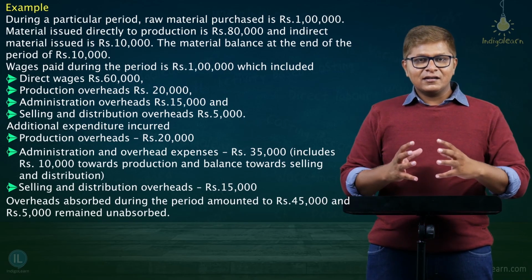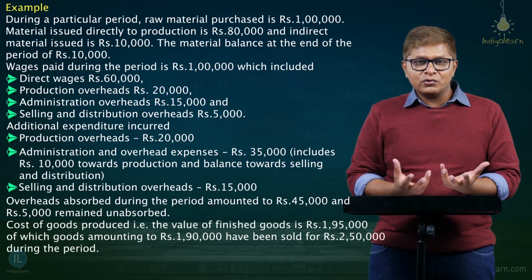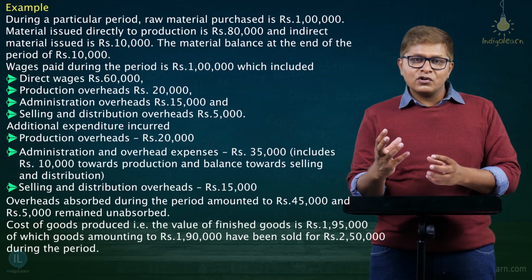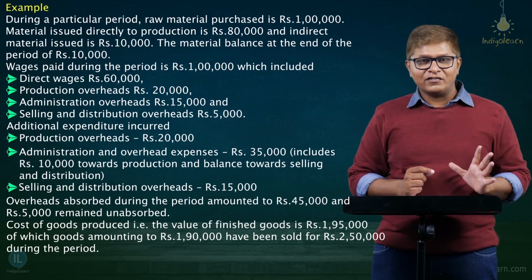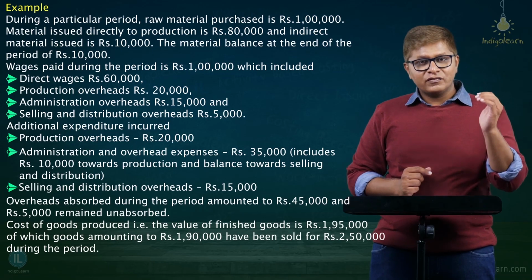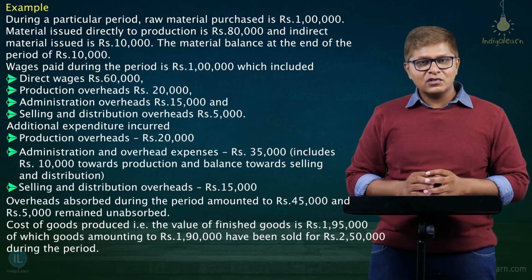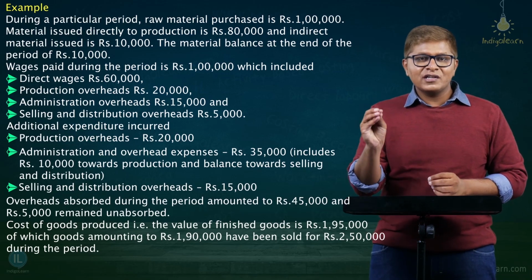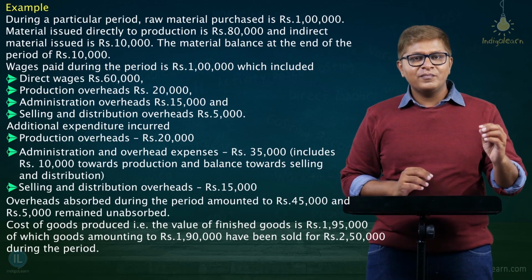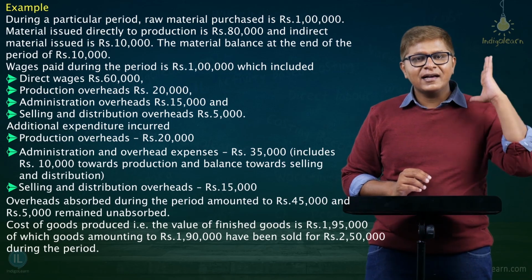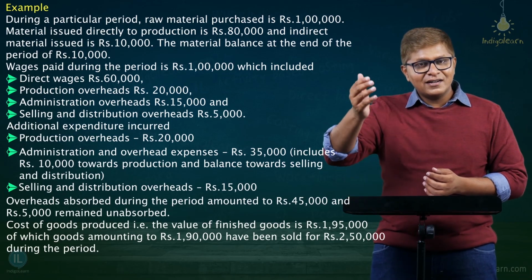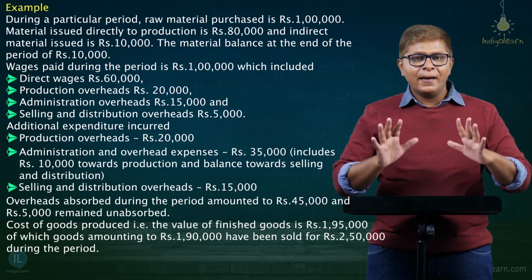Apart from this, the cost of the finished goods produced was worth rupees 1,95,000, and out of this, goods costing rupees 1,90,000 have been sold for rupees 2,50,000. So these are all the transactions that have taken place during the period.